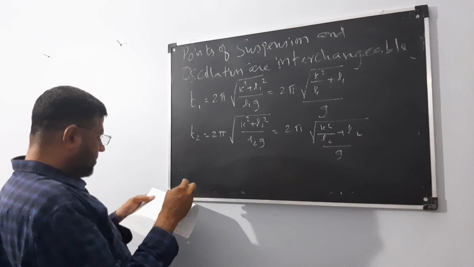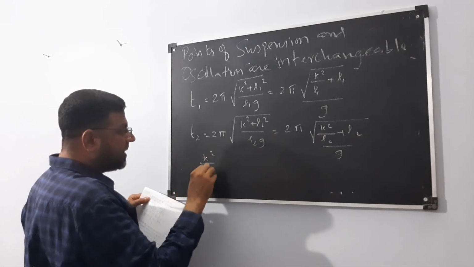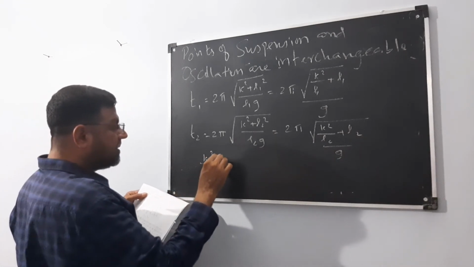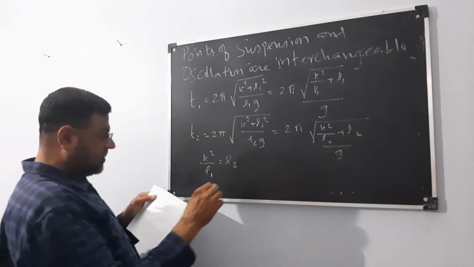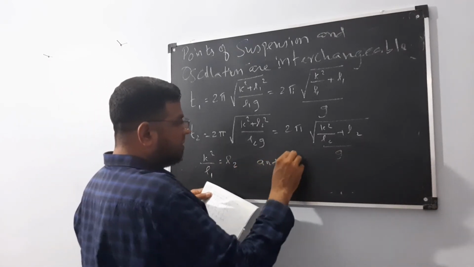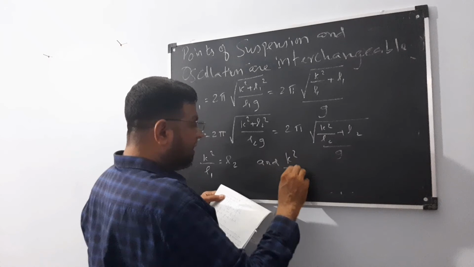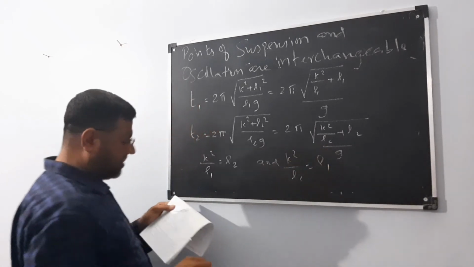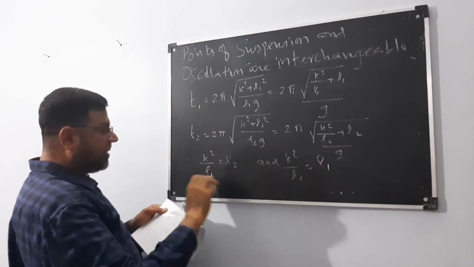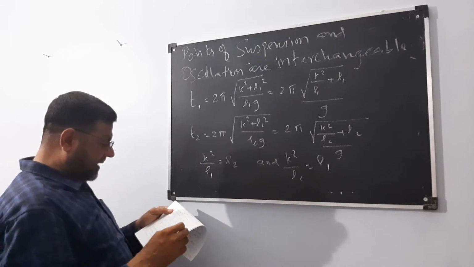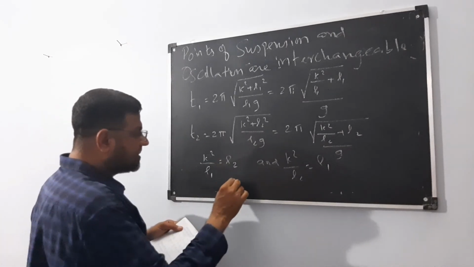Here we know that k square by L1 is equal to L2 and k square by L2 is equal to L1. Therefore, we have to add these two. So, when we add these two factors, what is that?